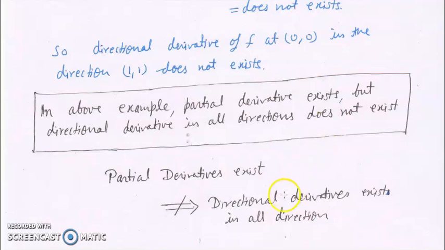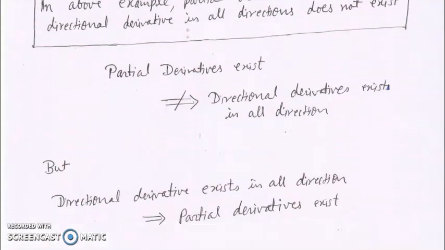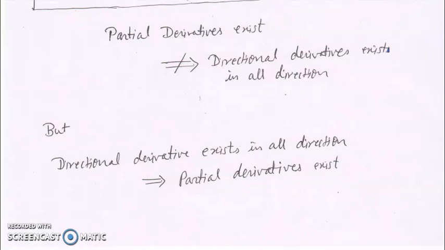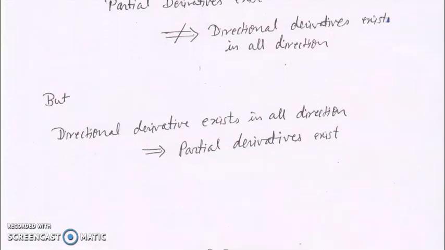So it means that the existence of partial derivatives does not imply that all directional derivatives exist. But by the definition, if all the directional derivatives exist, then the partial derivatives exist, because a partial derivative is a special type of directional derivative, or you may say a partial derivative is the directional derivative in the direction of coordinate vectors. Okay, in the next lecture we will see some more examples.